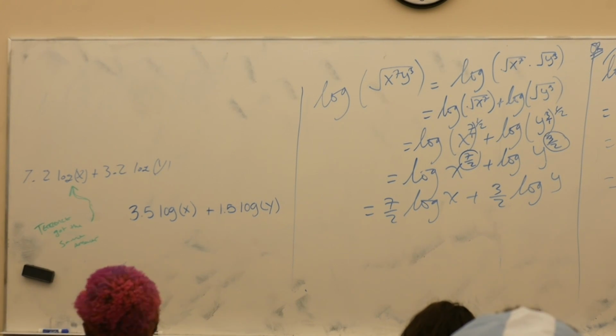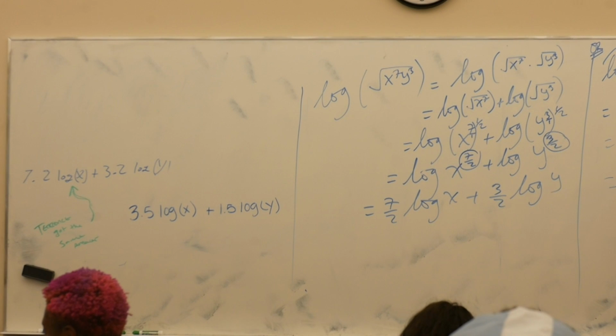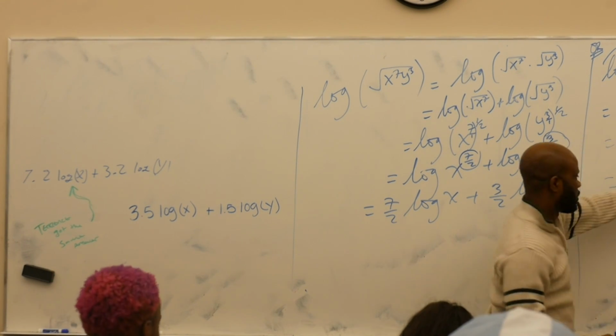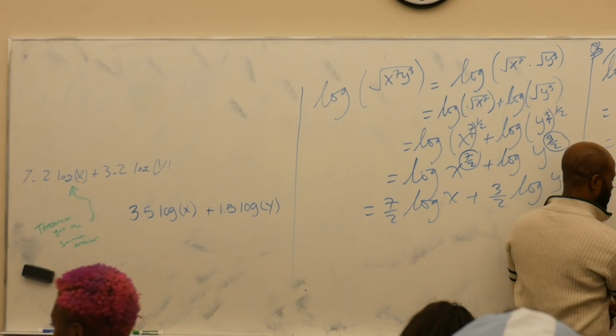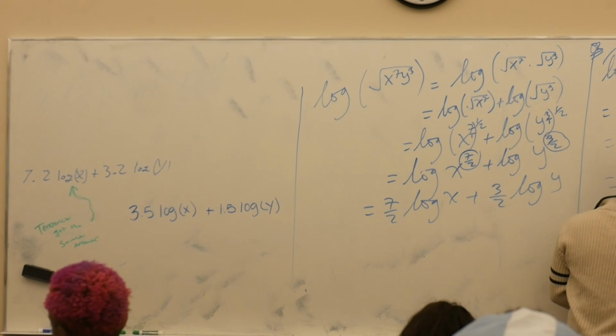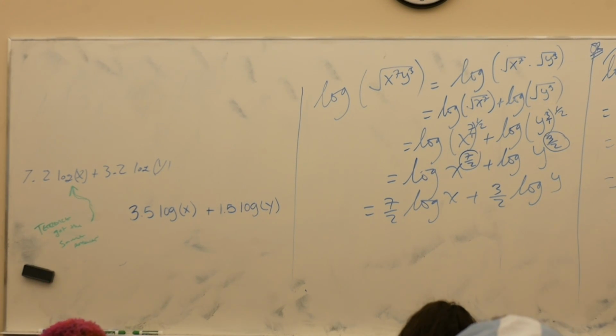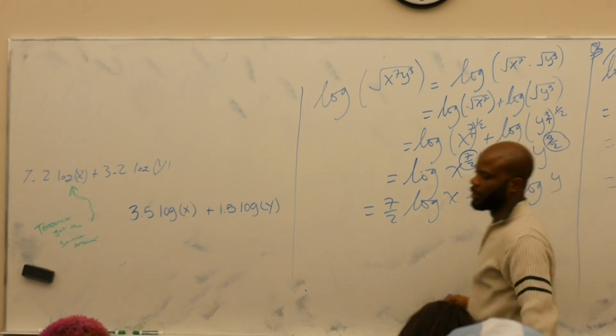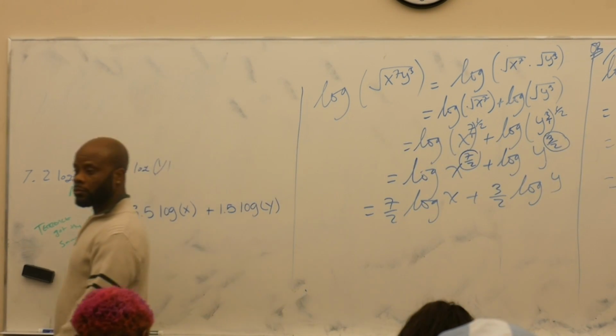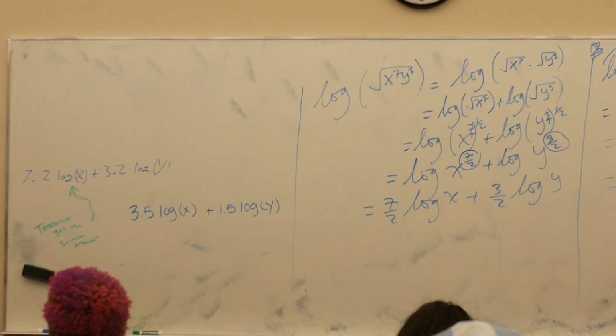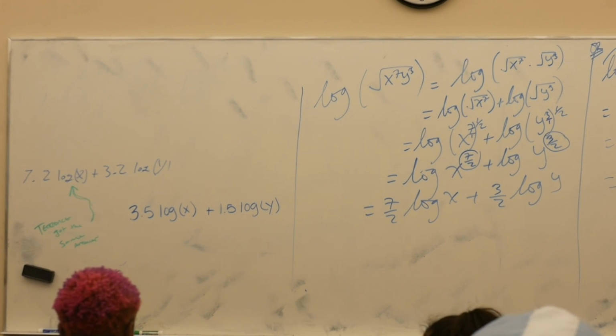This is also equivalent to that, because when I distribute, it becomes a 7/2 the log of x plus a 3/2 the log of y. Either way, this is the same thing. Questions?